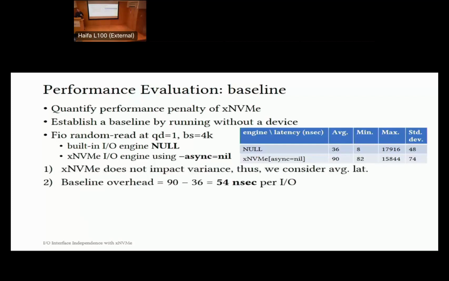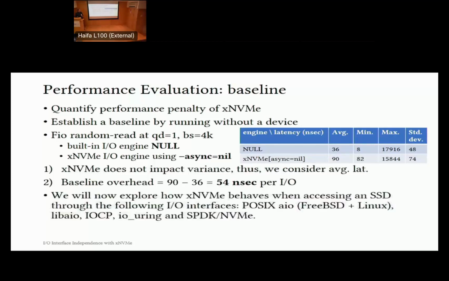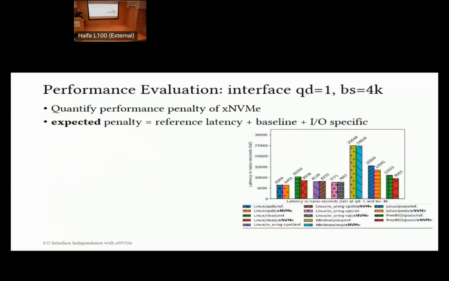So let's take that further and look at how it is doing for the different I/O interfaces. What we see on the plot here is latency on the y-axis, and we have teamed up the reference implementation with the xNVMe implementation. Our expectation would be to see the reference implementation plus those 54 nanoseconds for the baseline, plus an I/O-specific encapsulation overhead.